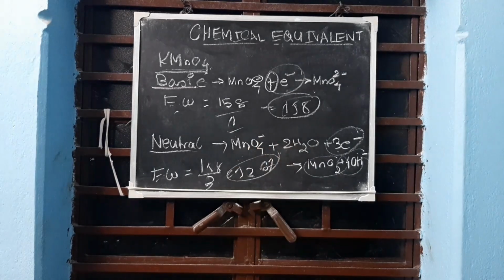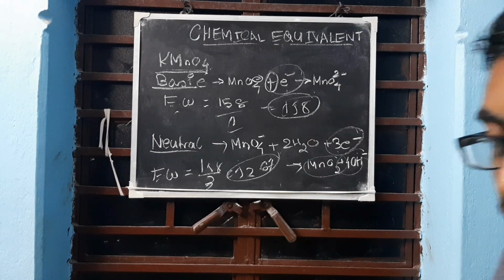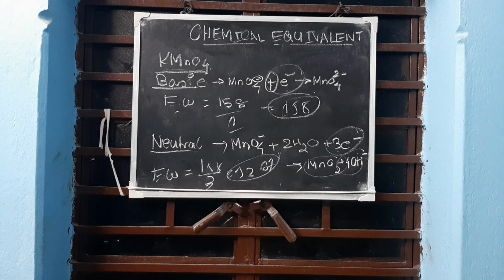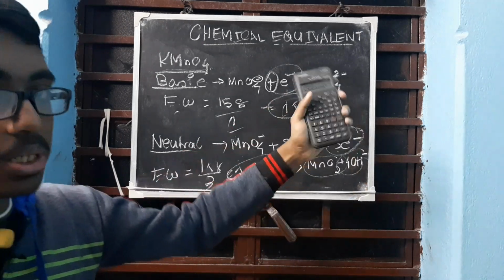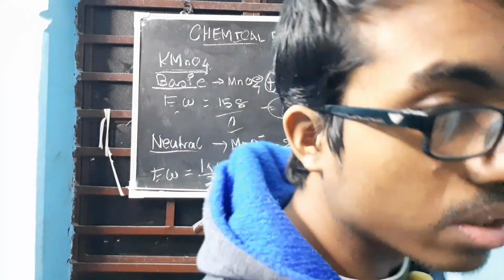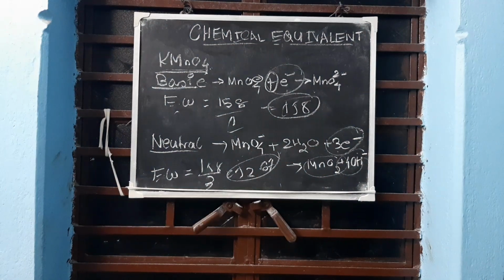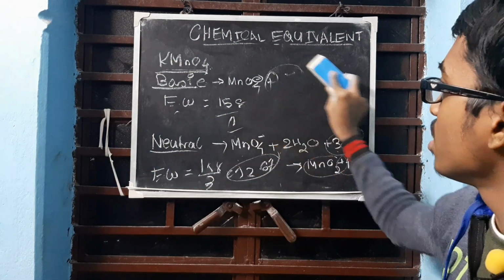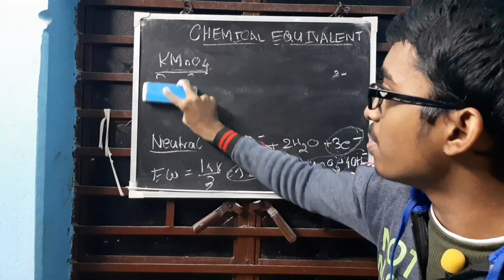So when the medium changes to neutral, 3 electrons are transferred. You have to check how many electrons are transferred and put that in the denominator. That will be the most important thing. Now the last one is in case of basic medium.